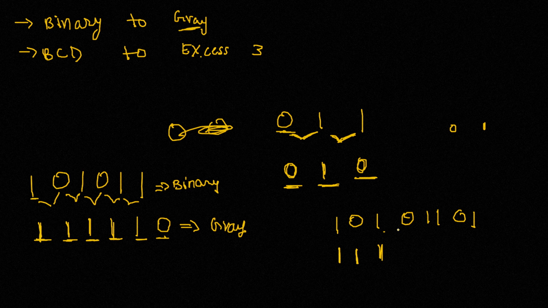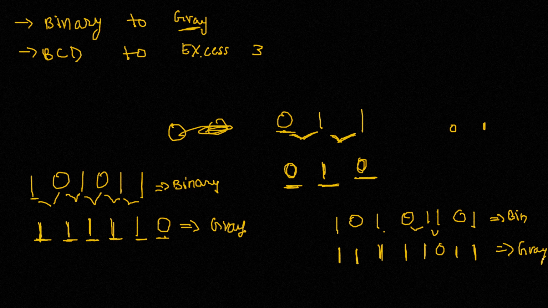Then this 1 and the next 0 are again different, so 1. Comparing this 0 and 1, again different, so 1. 1 and 1 are the same, so we write 0. 1 and 0 are again different, so 1. 0 and 1 are again different, so 1. So this is the binary number, and this is the gray coded number.